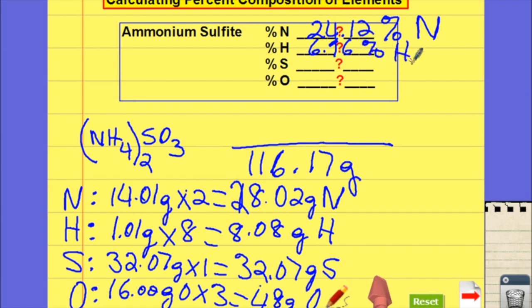What is 32.07 divided by 116.17? 27.61% sulfur. What is 48 divided by 116.17?